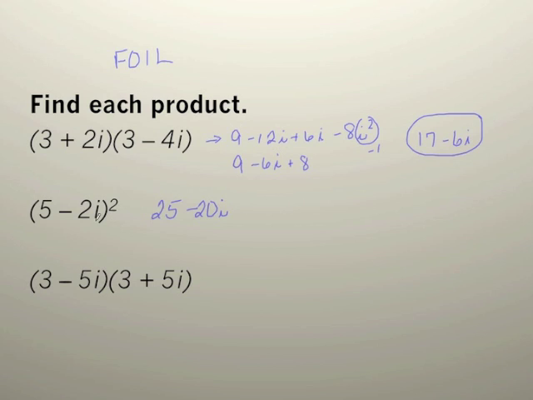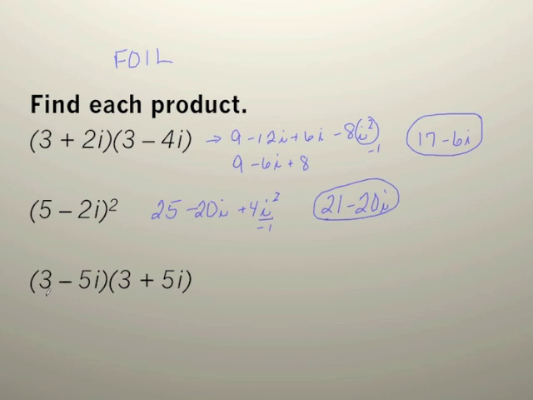And the square of the last term, negative 2i times negative 2i, will be positive 4i squared. The i squared is negative 1. So 25 minus 4, or 21 minus 20i, will be my product.